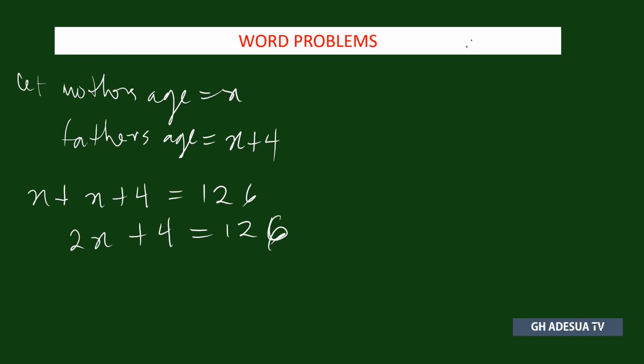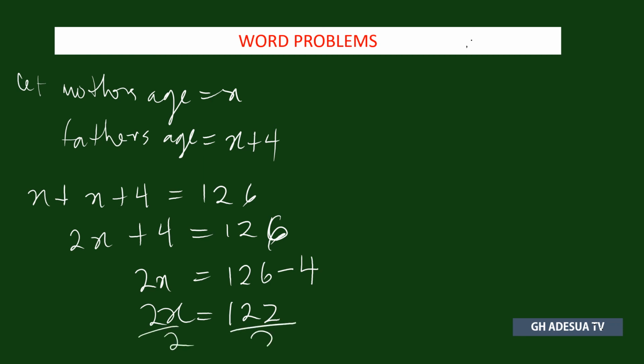So 2x is equal to 126 minus 4. That is 122 for 2x. Now you want x to stand alone, so divide by 2 over 2. You have x is equal to 61 years.